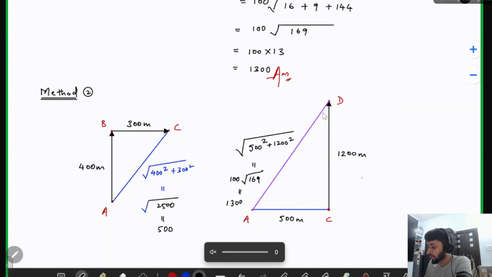So the required displacement will be the length of this line AD. The required displacement will be equal to the length of this line AD.